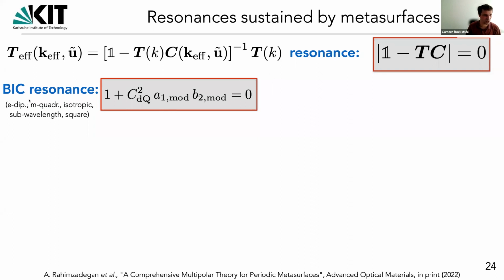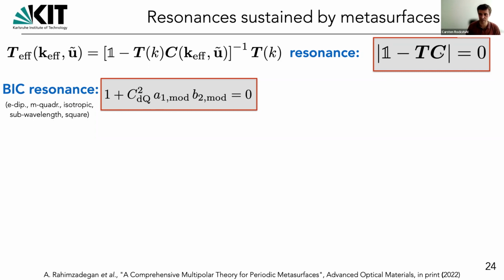So we restrict ourselves here to a metasurface made out of isotropic particles, just spherical scatterers you can think of, characterized by an electric dipole moment and a magnetic quadrupole moment. We consider a sub-wavelength arrangement, so only the zero order propagates in space, and a square lattice.